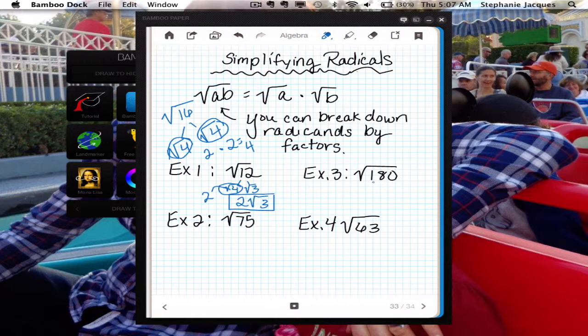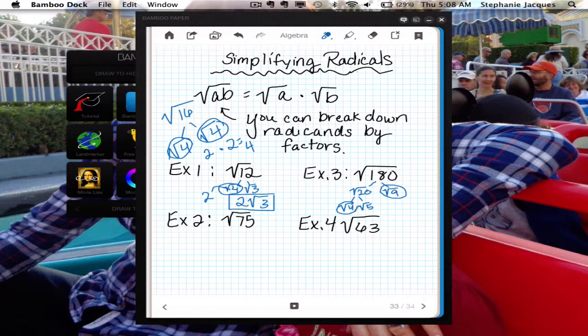Okay, with 180, let's break that down. I'm going to start with 20 and 9, because 9 is a perfect square. I'm going to leave that perfect square there, and I'm going to break down my 20 into the square root of 4 and the square root of 5.